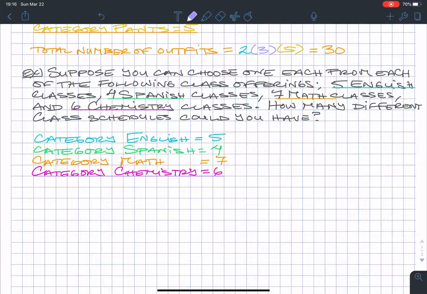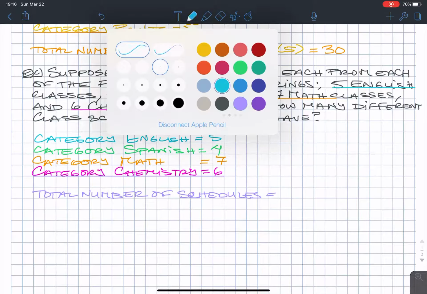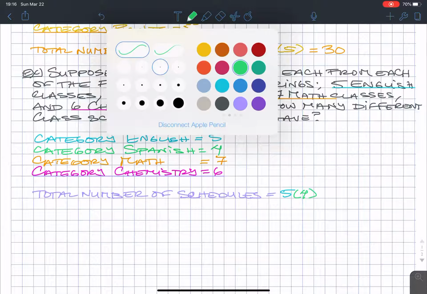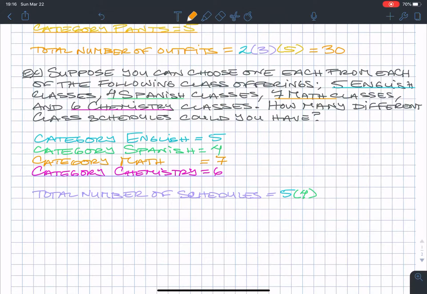Okay, so I claim that the total number of schedules will be 5 times 4, which is 20, times 7, times 6.